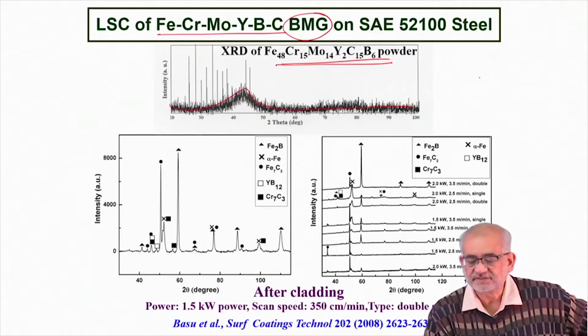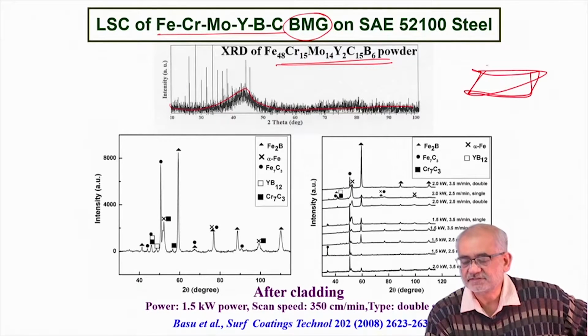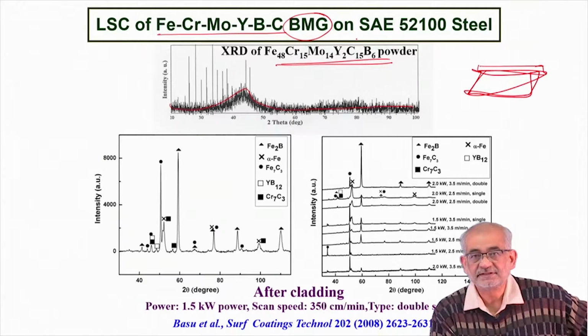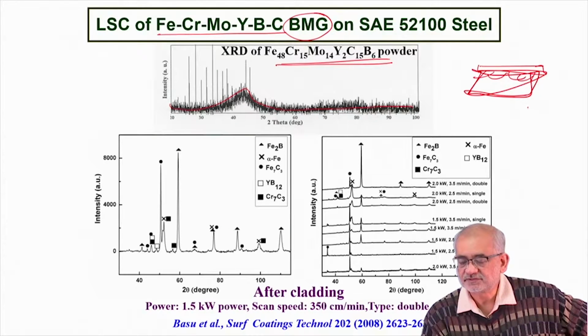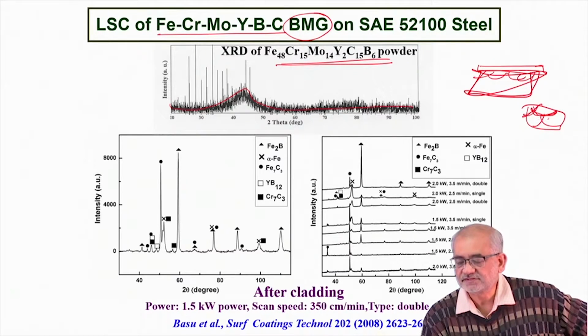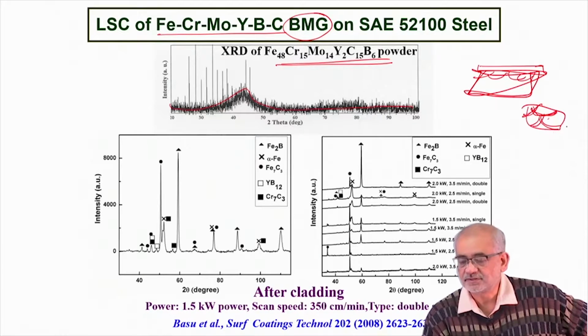So the idea was that if you have a steel substrate, and this steel substrate is coated with such bulk metallic glass, then you are completely covering up the polycrystalline aggregate with an amorphous layer. Now, we are aware that in any microstructure, when you have such a polycrystalline aggregate, usually the boundaries contain more defects and act as anodic compared to the core of the grain.